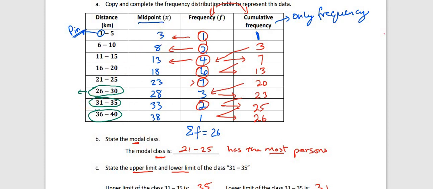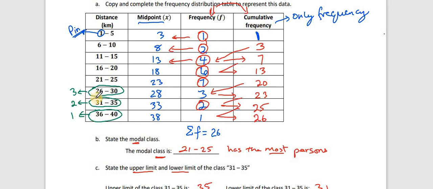We check the frequency: 3 students. In 31 to 35? 2. In 36 to 40? 1.